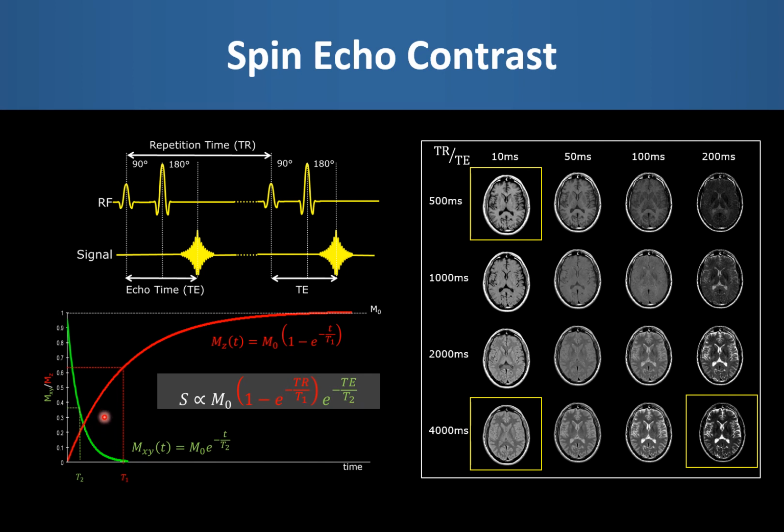And again, if we've got different tissues with different T2 relaxation times, then that will give rise to the contrast that we see in the image. So here in particular, we can see that the fluid, the cerebrospinal fluid, because that has a very long T2 relaxation time, it appears very bright in the image.